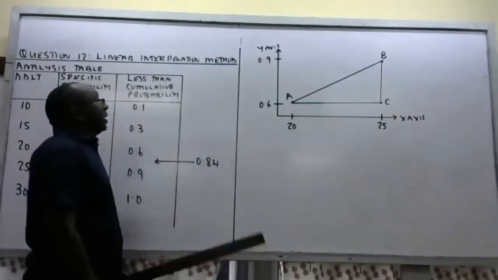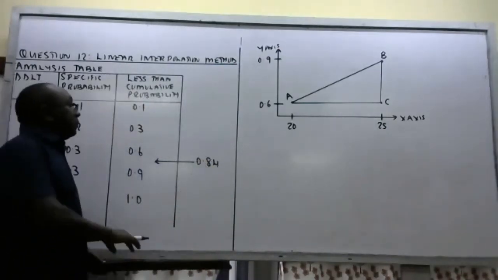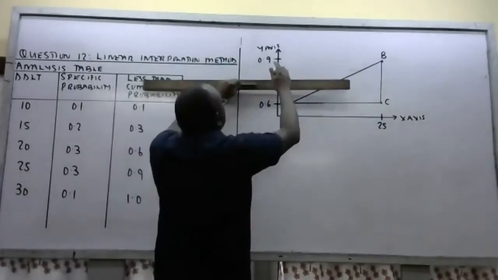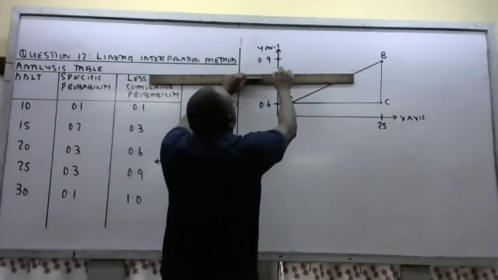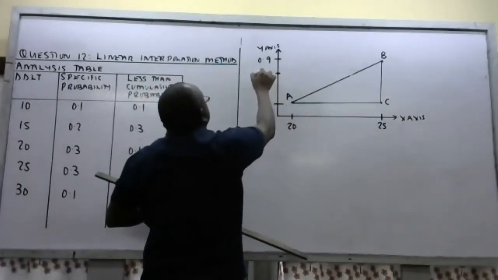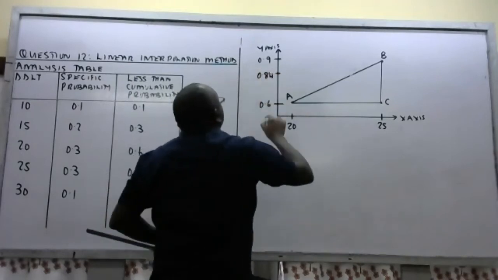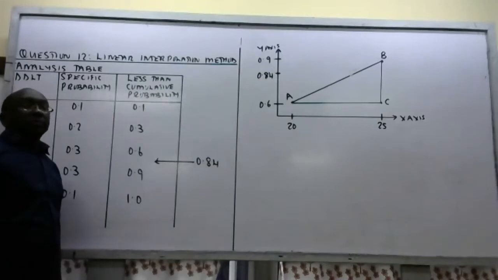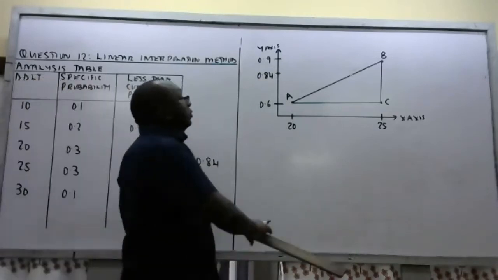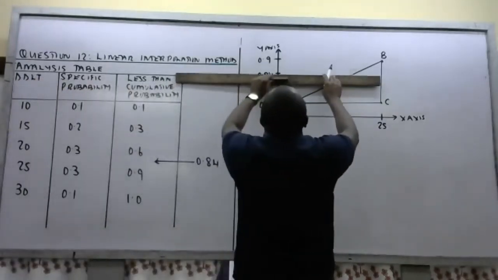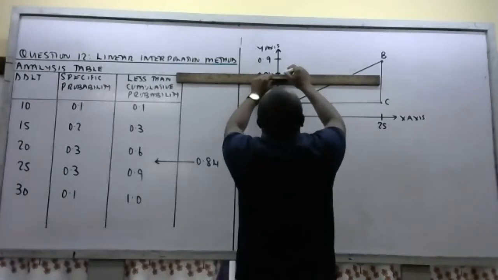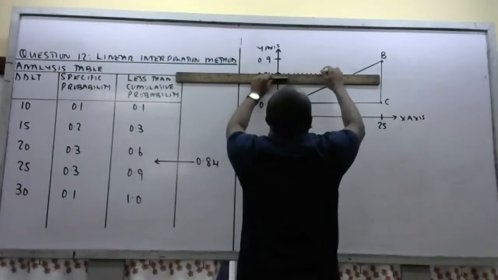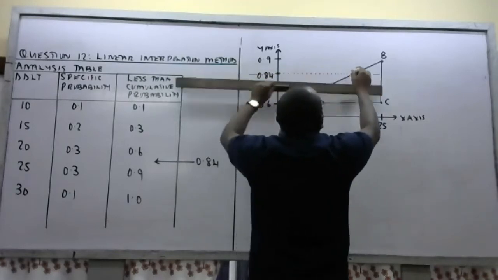Then we know that we are looking for 84, and 84 could be somewhere here. So just come and mark. Just estimate 84, somewhere there. If you put your ruler here, to come and touch this line, you can show by dots like this.